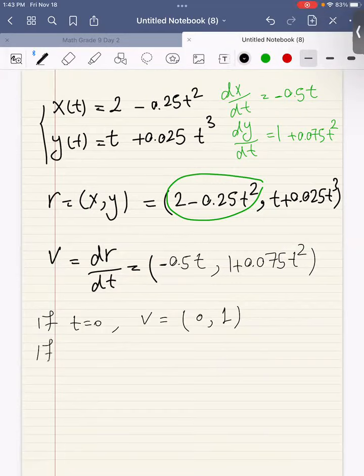For example, if t is equal to 1, then what is v? You just plug t equal to 1 into the equation. So v is 2 minus 0.25 is 1.75, and 1 plus 0.025, so it's 1.025.